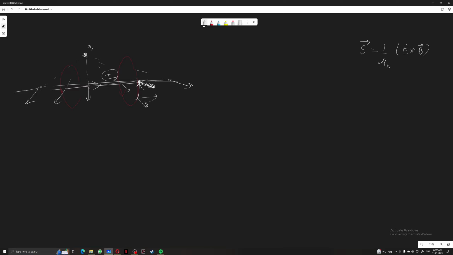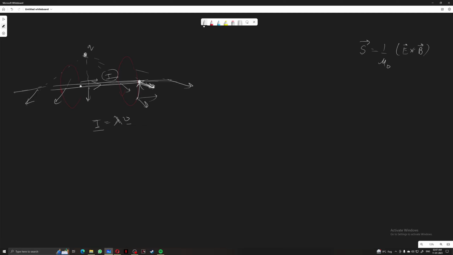Now, what is going on? What I think is that if you want to sustain a constant current in this wire, there is some charge and you want to push this charge in this direction with some constant velocity, because this I is given by λv. So if you fix the charge density and the speed is constant, then the current will also be constant.